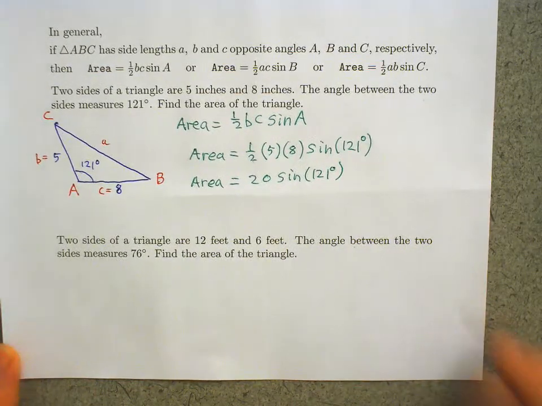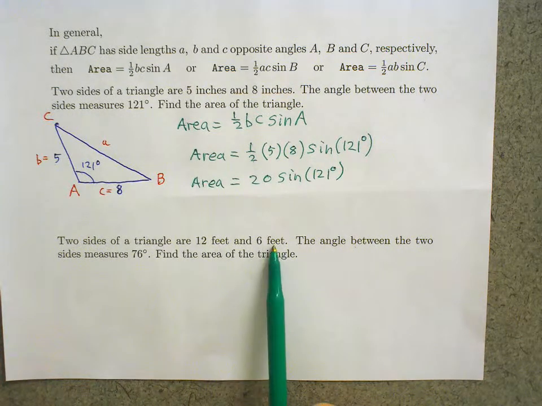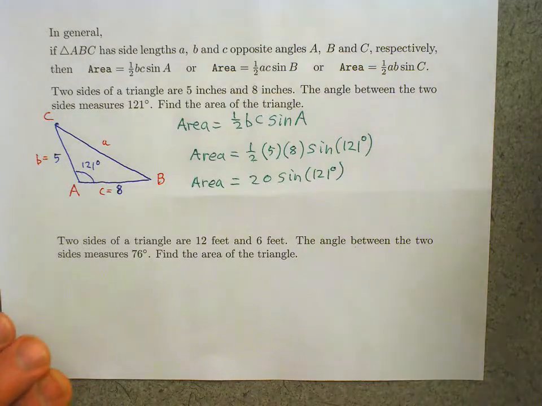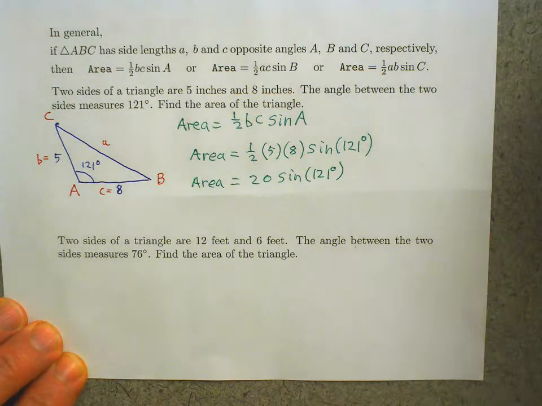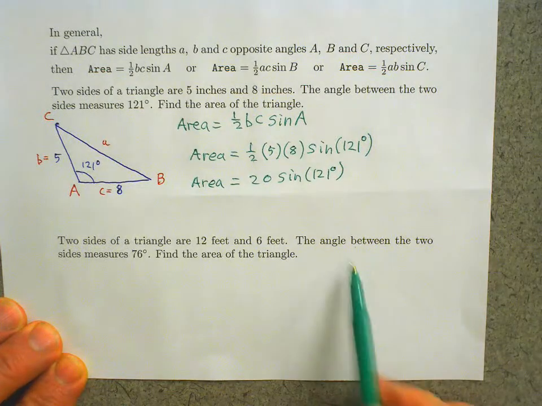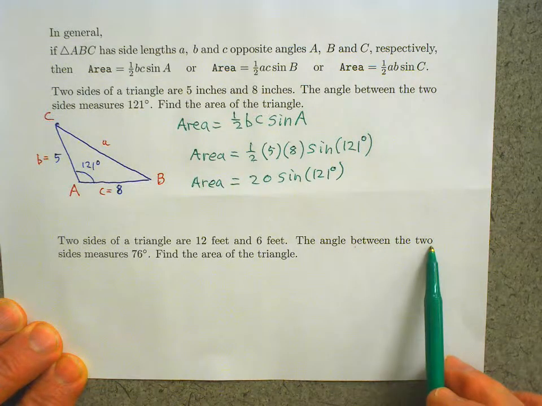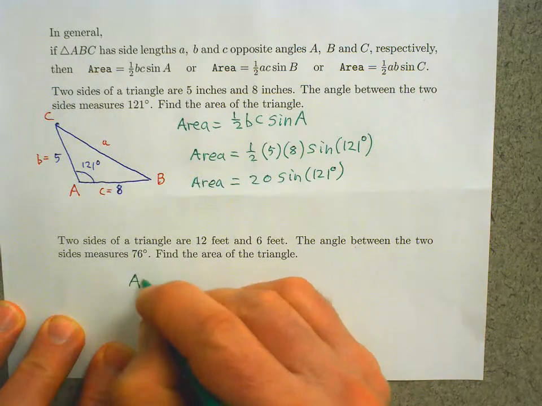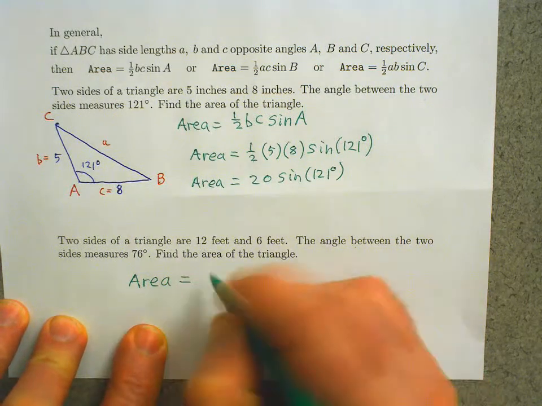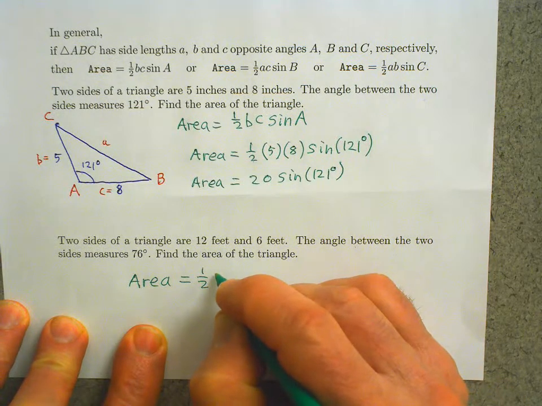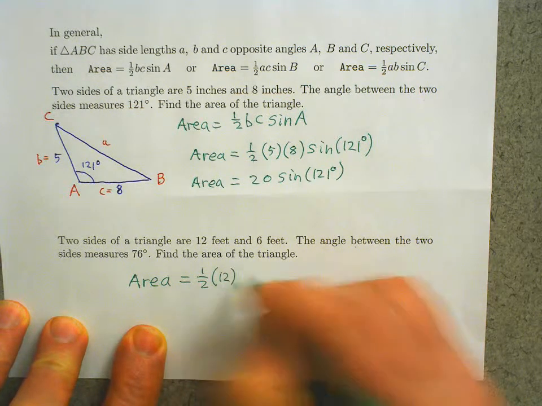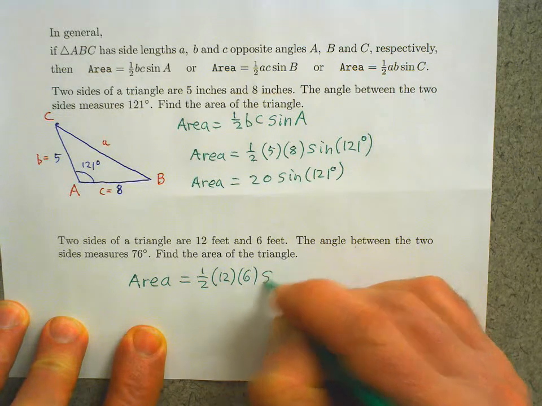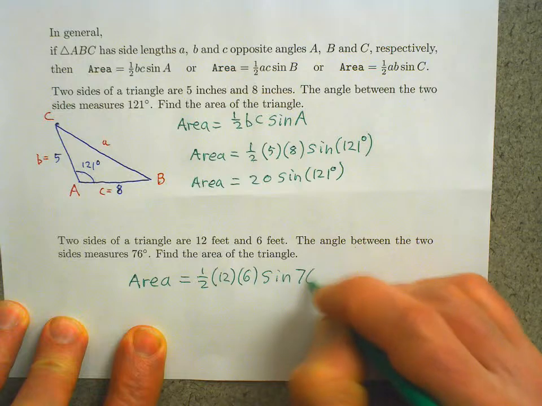Okay, another example. Two sides of a triangle are 12 feet and 6 feet. The angle between the two sides measures 76 degrees. As long as you know that the angle is between the two sides, then you can write that the area is 1/2 times the product of the lengths given multiplied by the sine of the angle, 76 degrees.